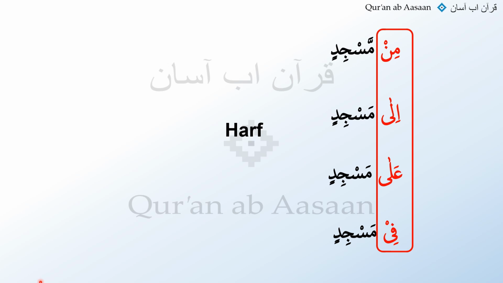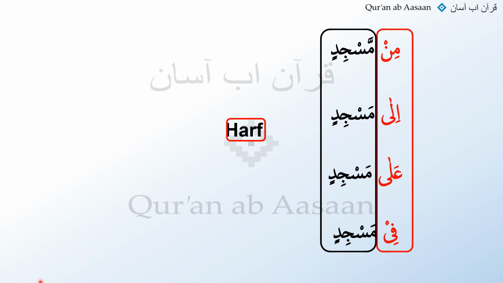There is masjidin common in all of these. Masjidin is a noun, and it is in jar. So the common thing here is that in all of these there is a harf followed by a noun in jar.